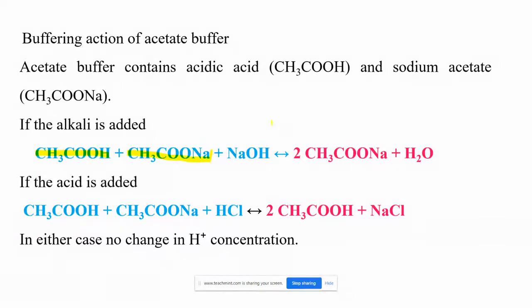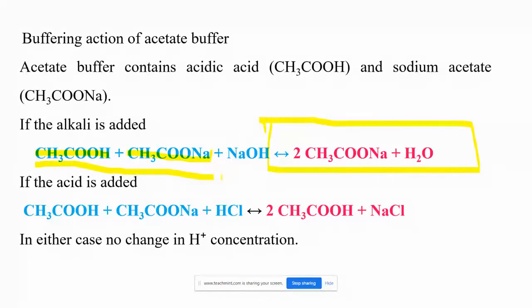First, all of you write in the paper the composition of the acetate buffer, acetic acid and sodium acetate. Just imagine you have taken a beaker, in that you have added a buffer, that is acetate buffer.